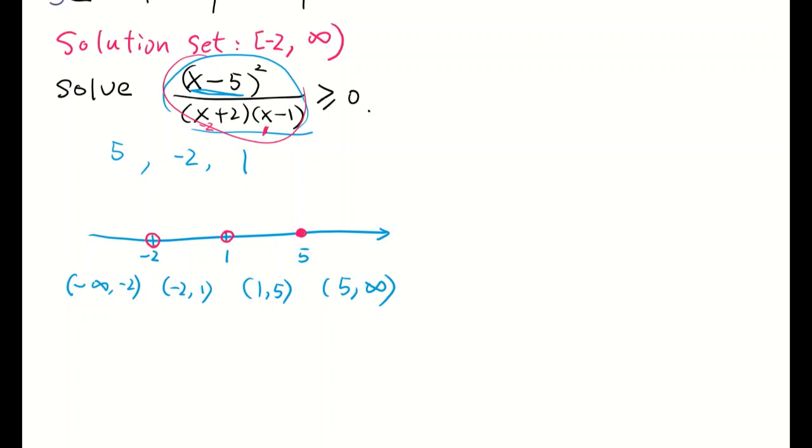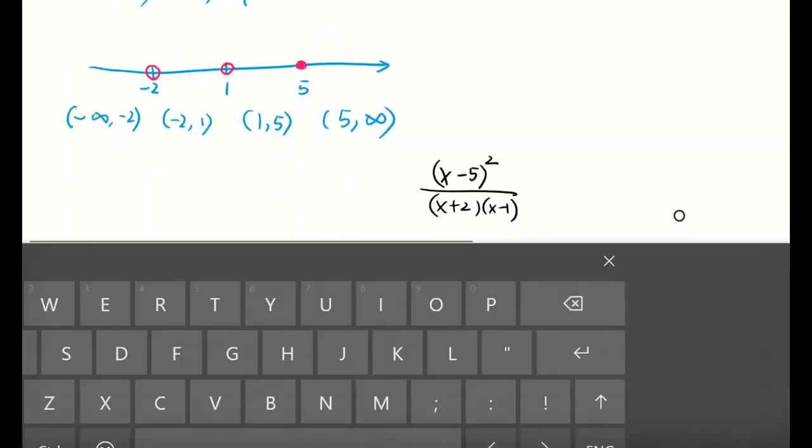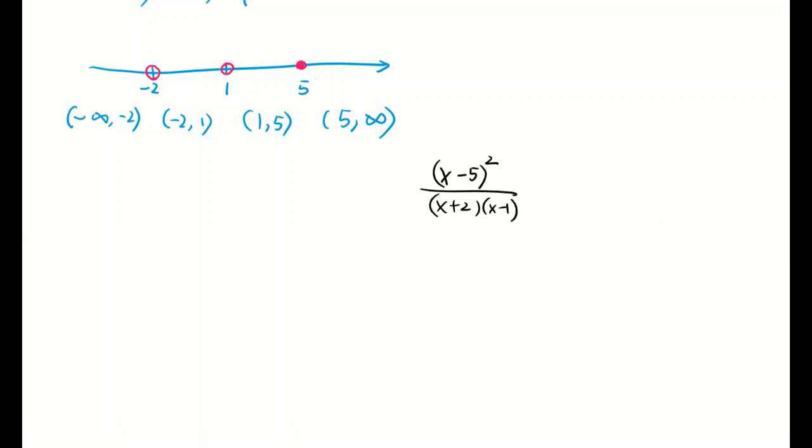What do we want to decide here? We want to know if the points in each interval make the expression (x minus 5) squared over (x plus 2)(x minus 1) positive or negative.